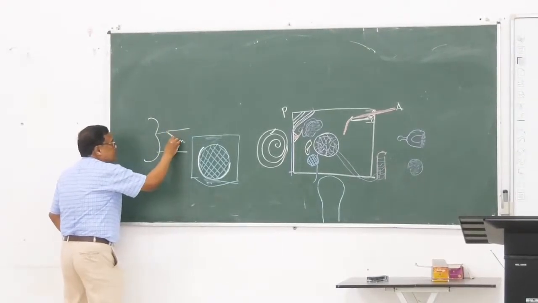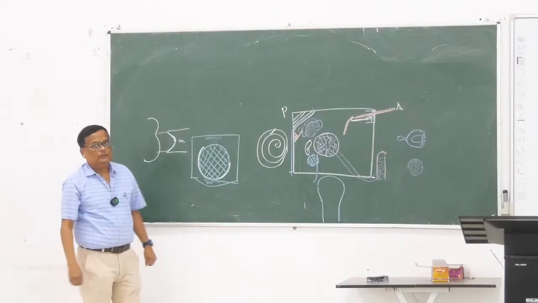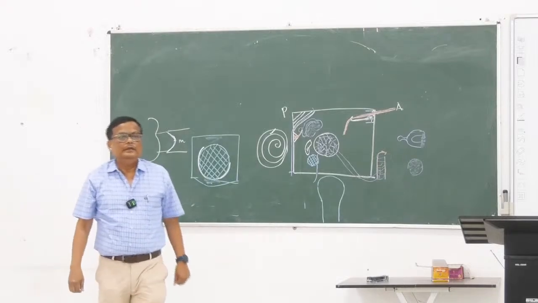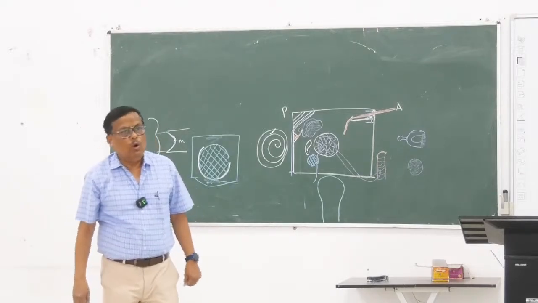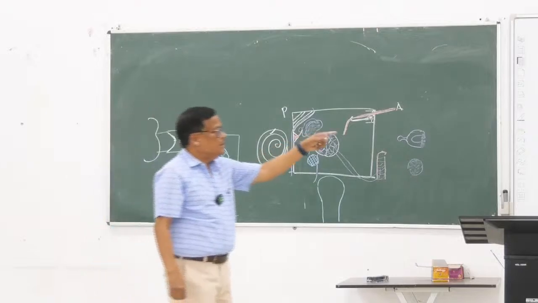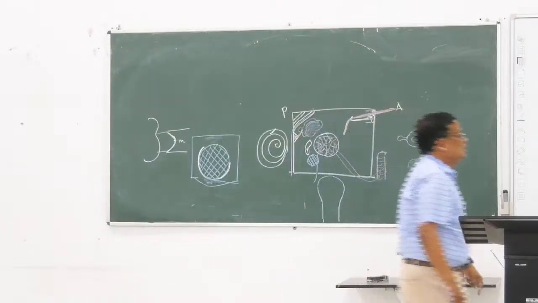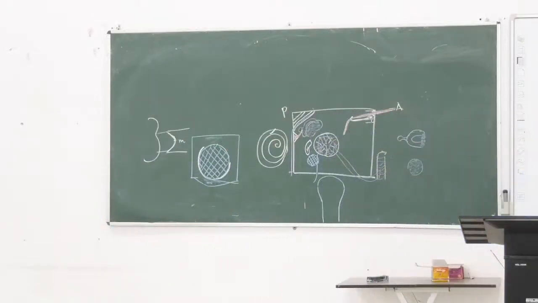The maximum point of convexity is called the umbo. The handle of the malleus is attached to this membrane where the maximum point of convexity is present.